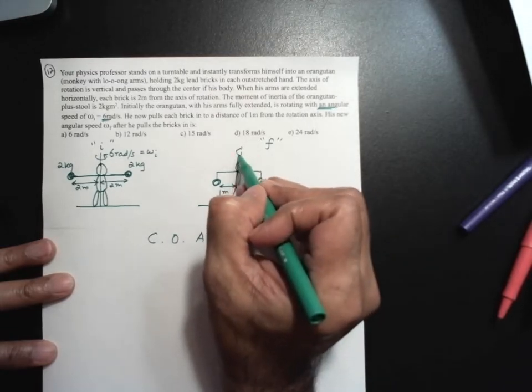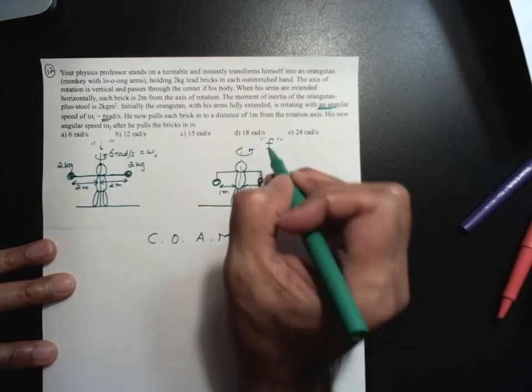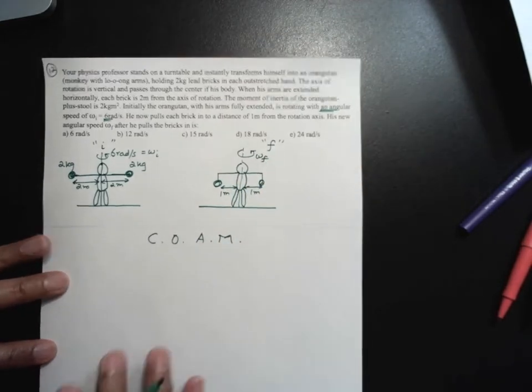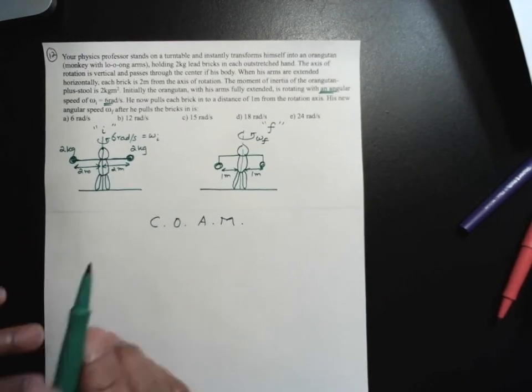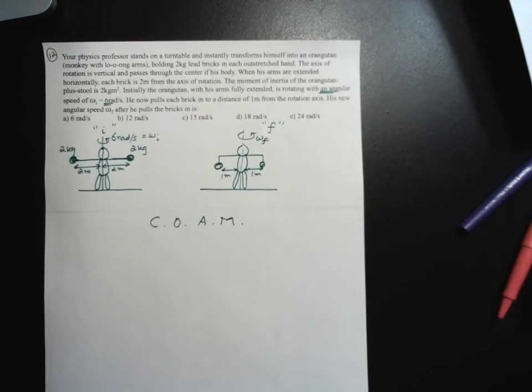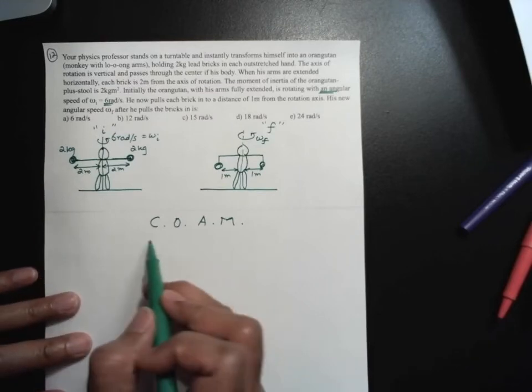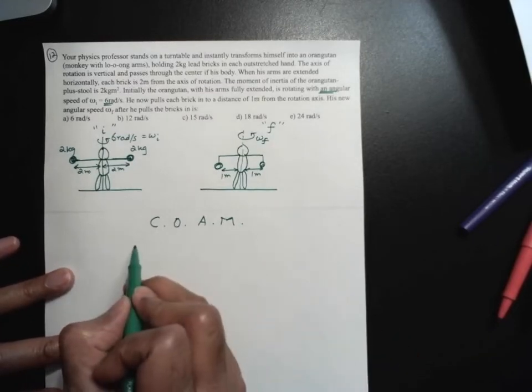Okay, so he'll start going around faster, right? That's what happens when the figure skater pulls his or her arms in. Okay, so conservation of angular momentum.